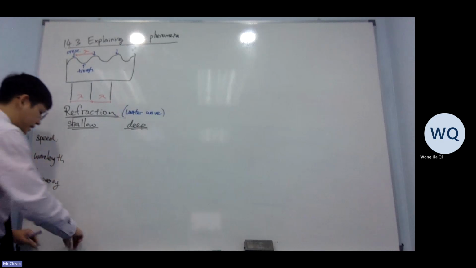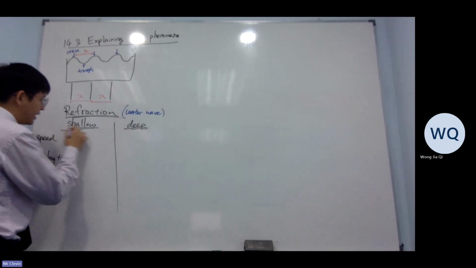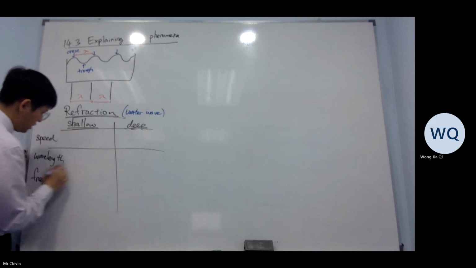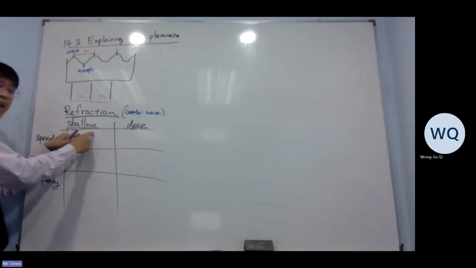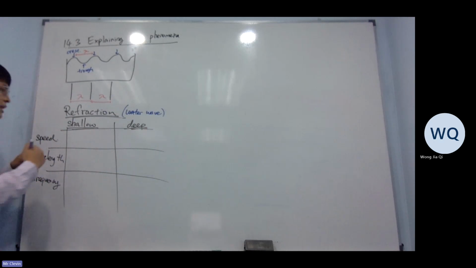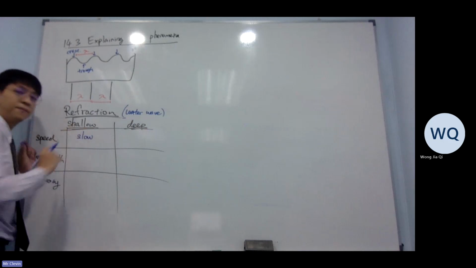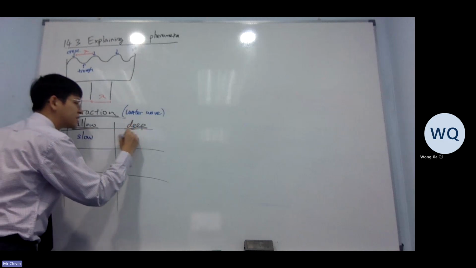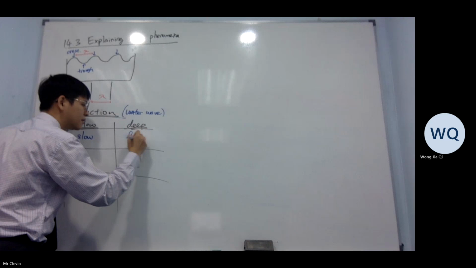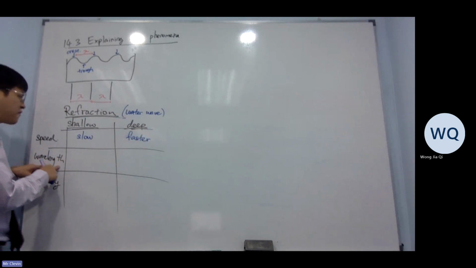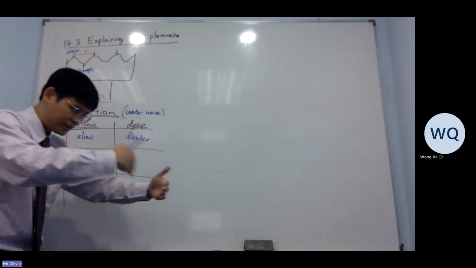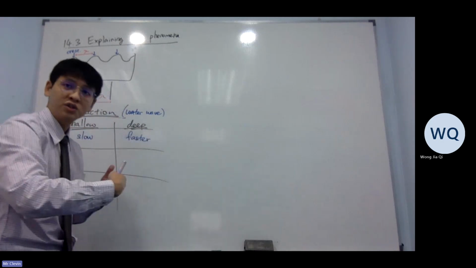So what will happen is that in the shallow region and deep region, please remember, in a shallow region, the speed is slower. In the deep region, the speed is faster.